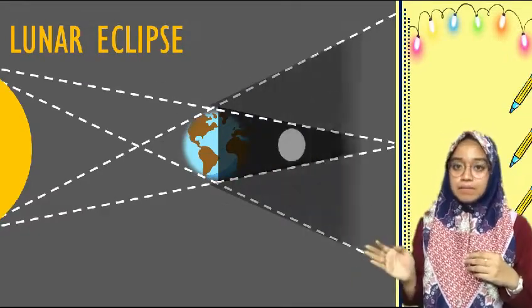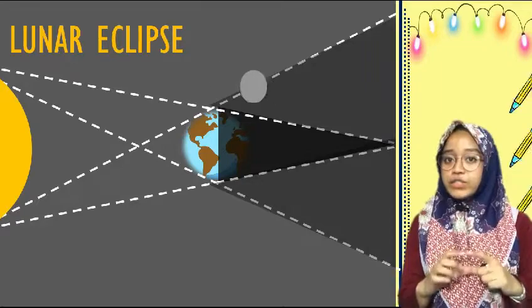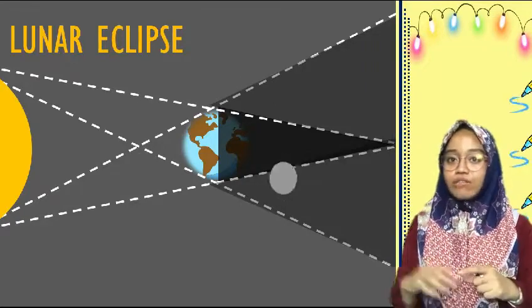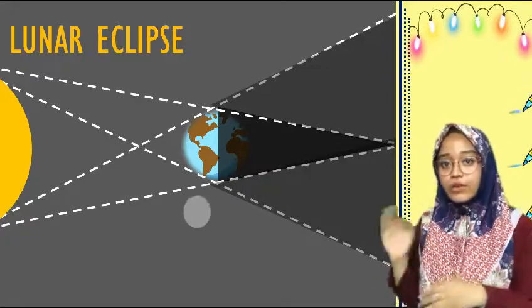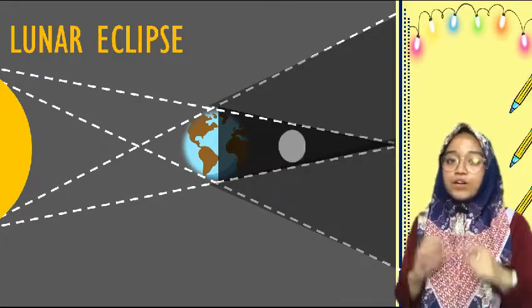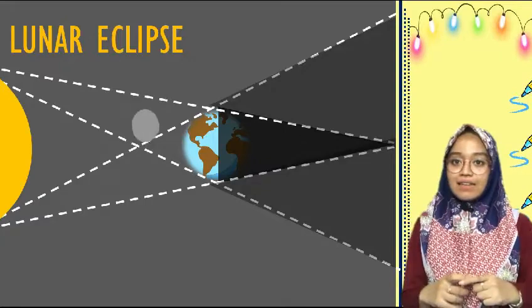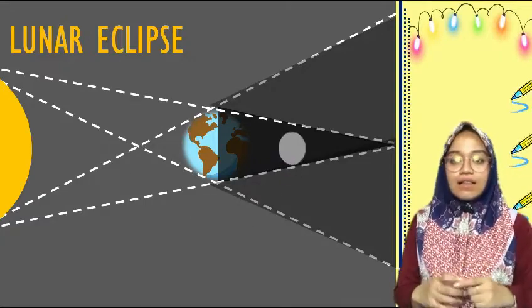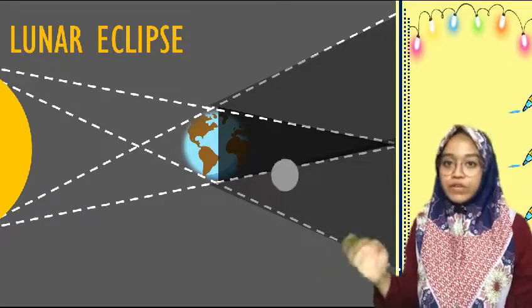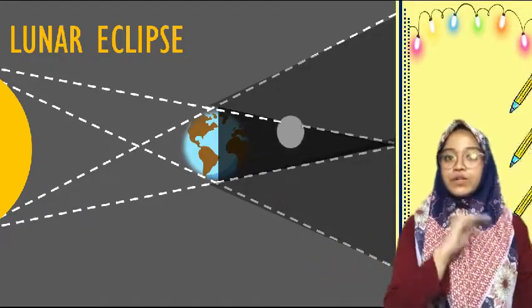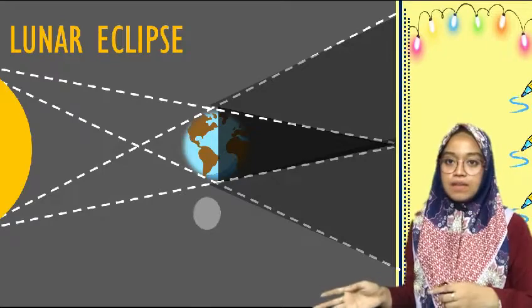In a solar eclipse, the position of the Moon is in the middle of the Sun and the Earth. But in a lunar eclipse, the Earth is in the middle between the Sun and the Moon. So that is the difference between the lunar and solar eclipse.